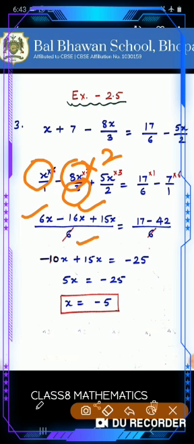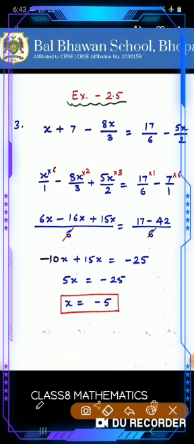Just like this, with the third fraction also, 6 divided by 2 is equal to 3. Now 3 will be multiplied with the numerator 5x, which gives 15x. So we got 6x minus 16x plus 15x upon 6 on the left hand side.